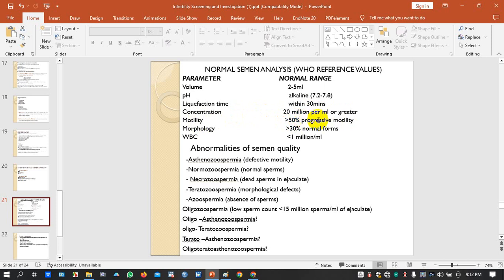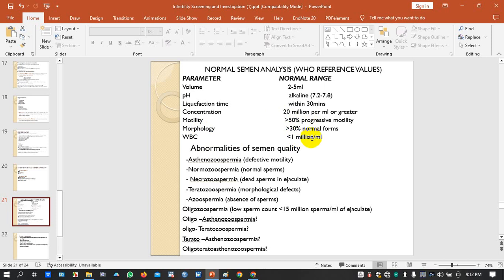Motility is greater than 50% progressive motility, so the sperm should be able to swim and be active with linear progression. The morphology of the sperm means that the head should be intact, the tail should be intact, the middle piece should be intact. Every part of the sperm should be intact. So if a sperm has the head cut off, then it will not qualify for the motility test.